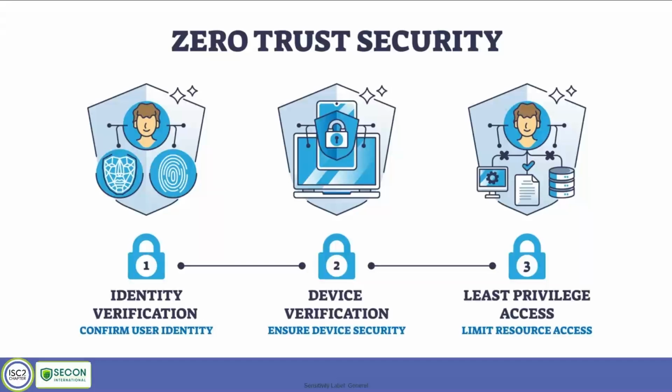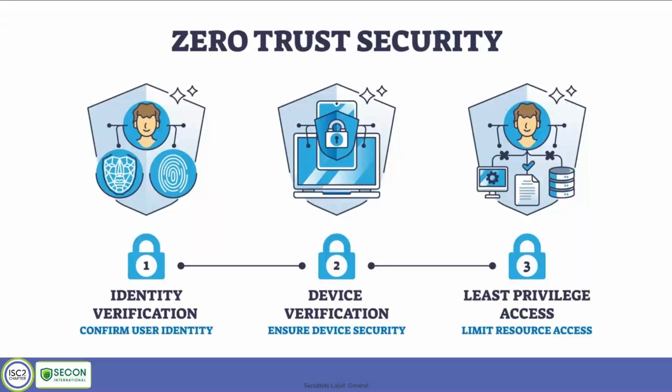We have a user and the thing that they have, but we also verify the device the user is using. For example, whether it is a corporate laptop, whether it has active antivirus, whether the user is using the right software, and whether the device is vulnerable or not.